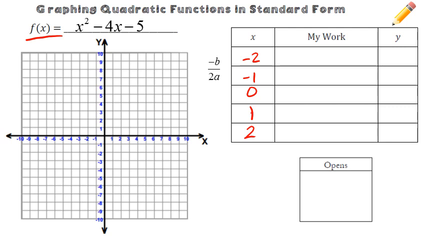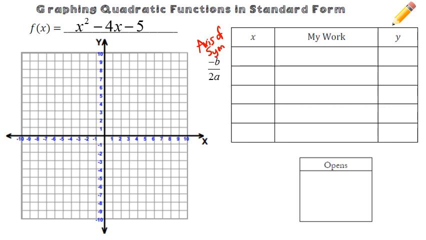Well, that's not very helpful because my U shape might be way over here, and then those values aren't very helpful. So what we're going to do is we're going to find the axis of symmetry using negative b over 2a. We discussed this in class using your foldable notes, so if you need to, look up axis of symmetry to see what that means.